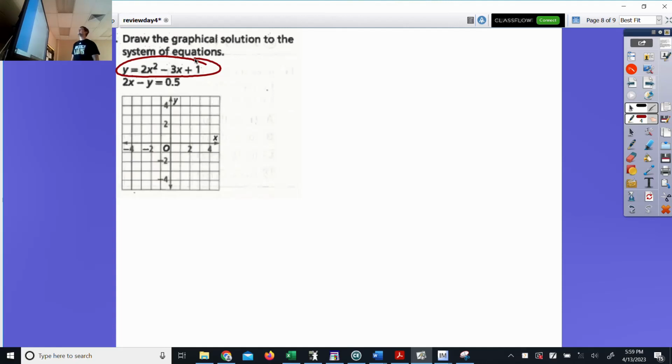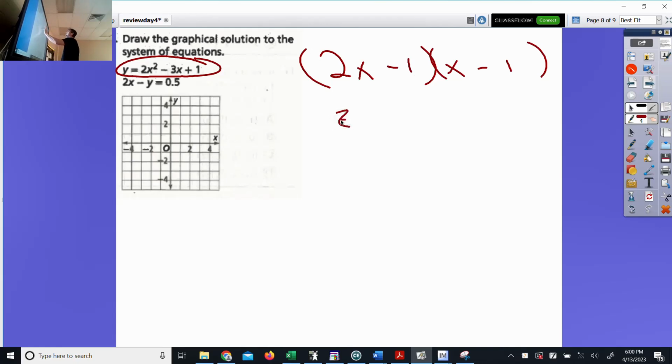2x squared minus 3x plus 1. I believe that factors as 2x minus 1 and x minus 1. It has zeros at 1/2 and 1. So here's 1, and a half.